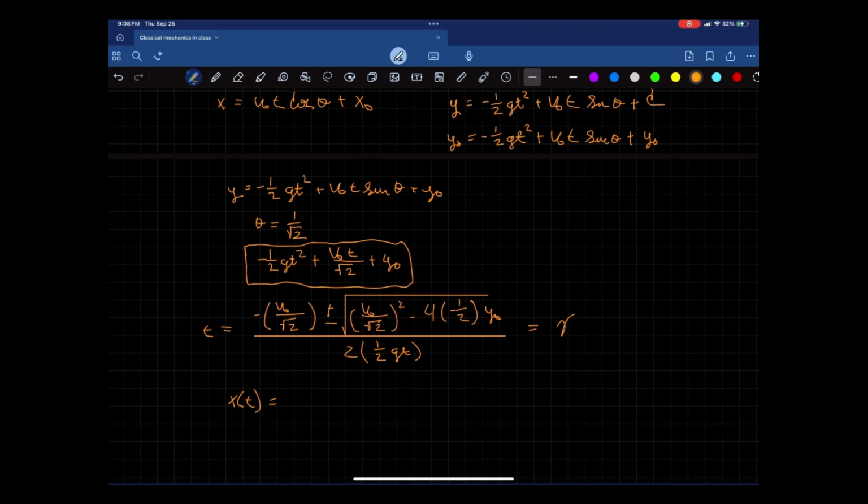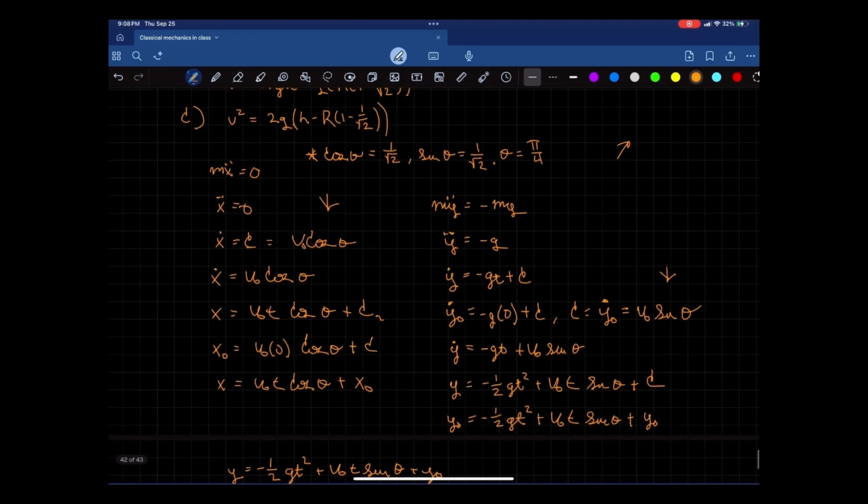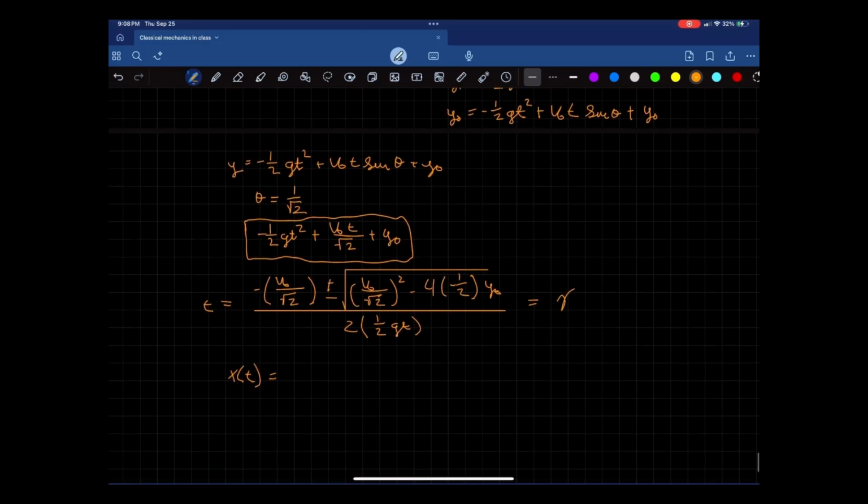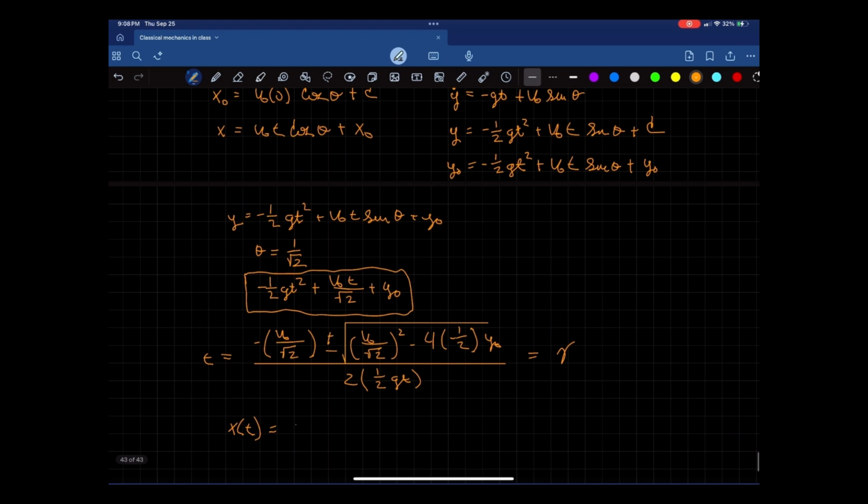So I'm also going to simplify the cosine theta again, because cosine theta is also equal to 1 over the square root of 2, given a pi over 4 axis. So we have v naught t over the square root of 2 plus x0.